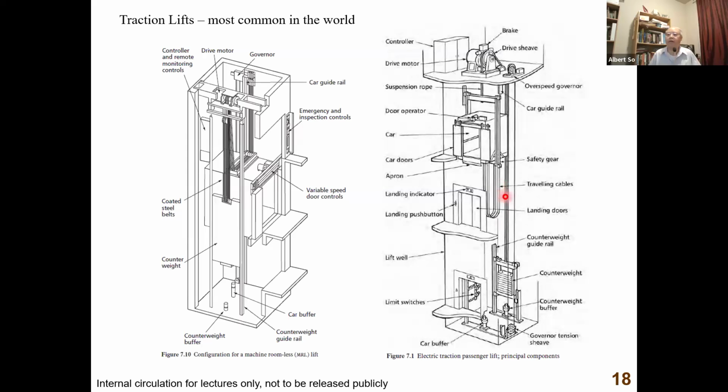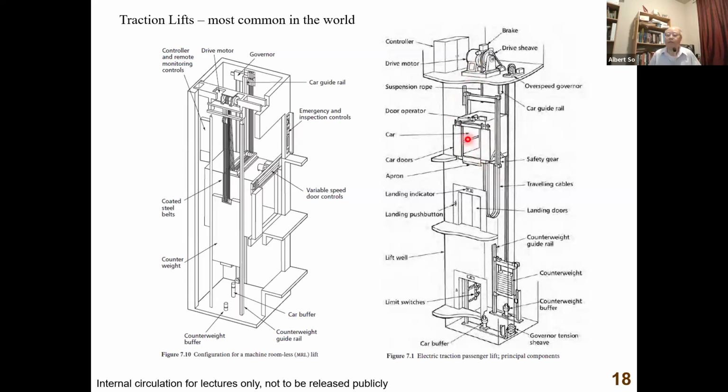Traveling cables are soft cables, and they are responsible for doing two things. First, they convey electric power to the lift car, because inside the lift car you have a lot of power consuming devices like the ventilation fan, air conditioner, signals, and lighting. Second, signals: the communication between the lift car and the machine room, and also intercommunication.